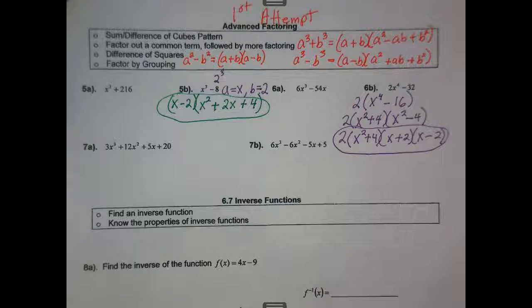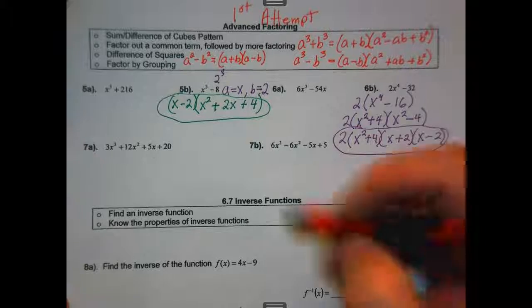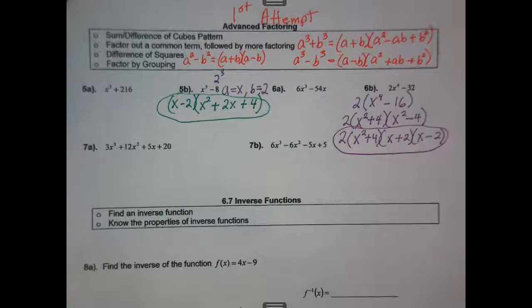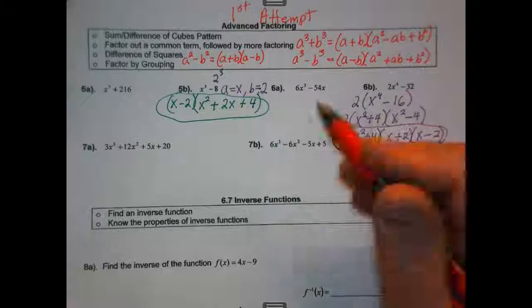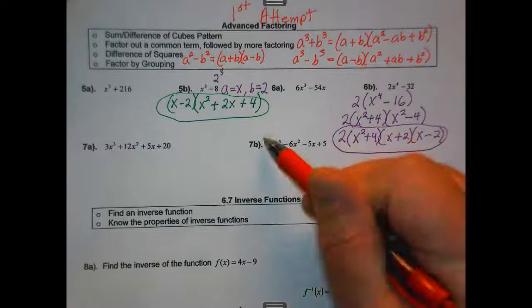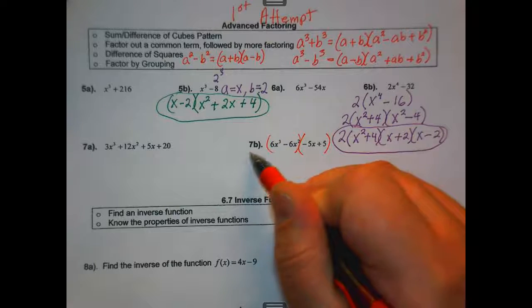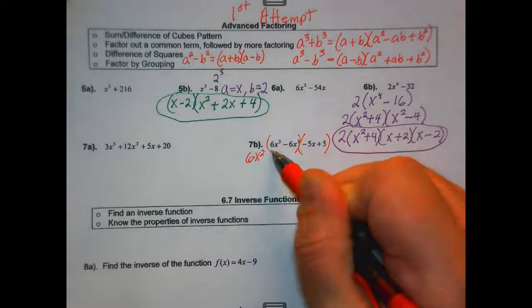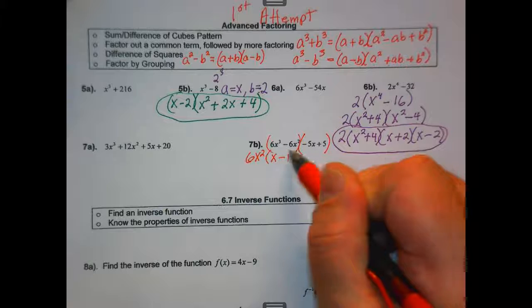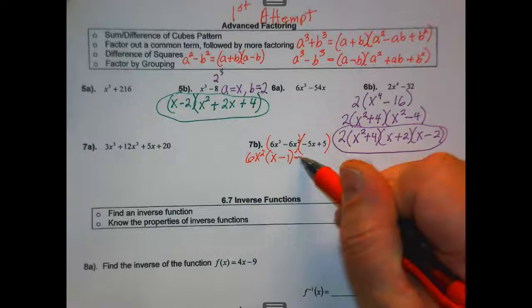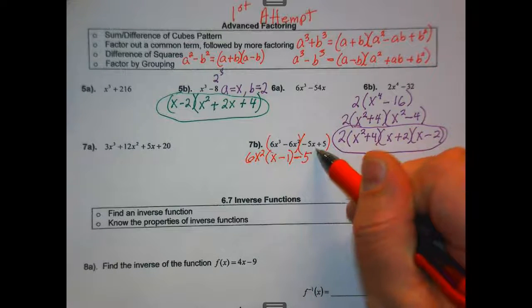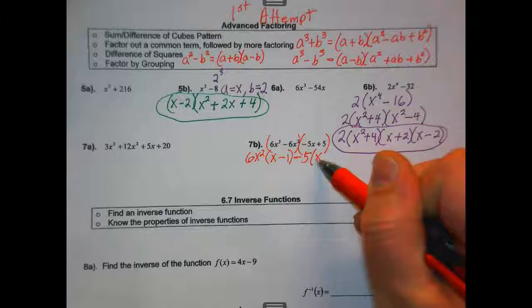Okay, inverses. This is our first attempt. Oh, yeah, we got to do 7b. I have 4 terms, so what am I going to do? Group. Okay, what can I take out of the first? And what can I take out of the second? Negative 5 of x minus 1.